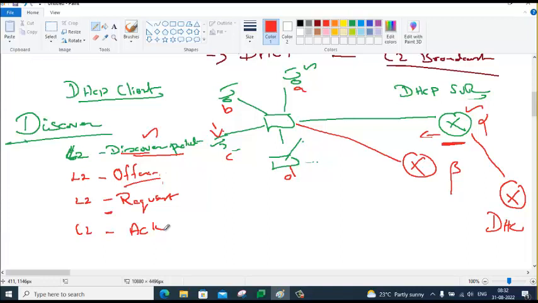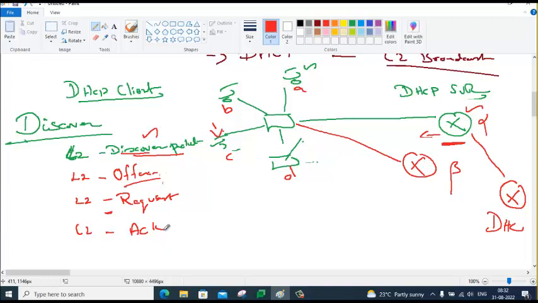Once we get an IP address, there will be no more discover packets until the lease time expires. The IP address will come with a lease time, like 24 hours or 1 hour.